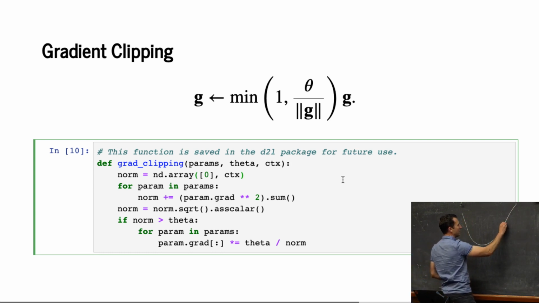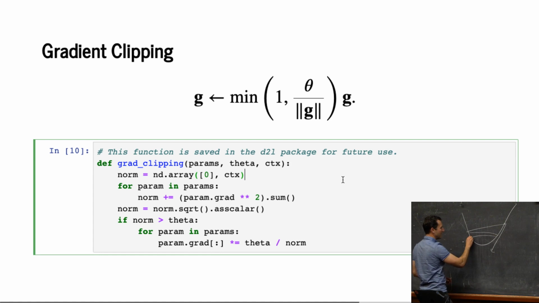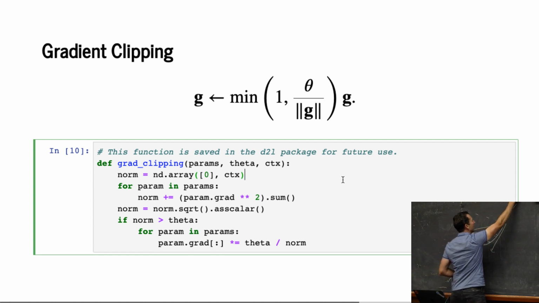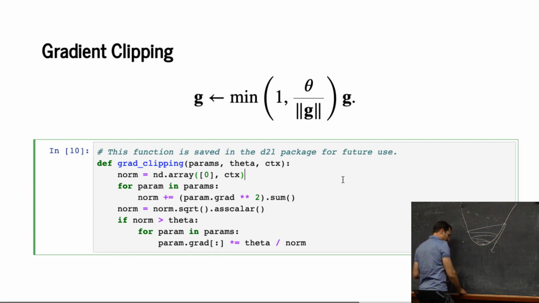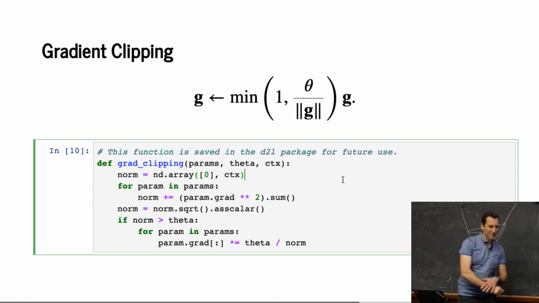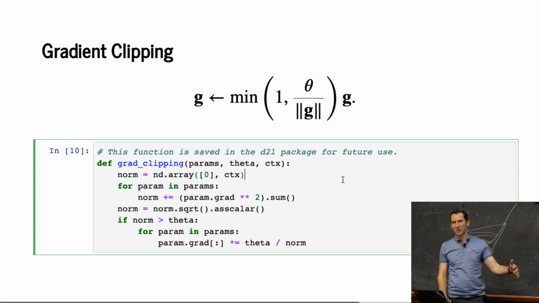I'm sitting here. My gradient is really large, then it might send me somewhere over here, and in the best case it'll zigzag like so to the optimum. In the worst case, it'll just oscillate and get bigger and take me really far away from where I would have wanted to be.